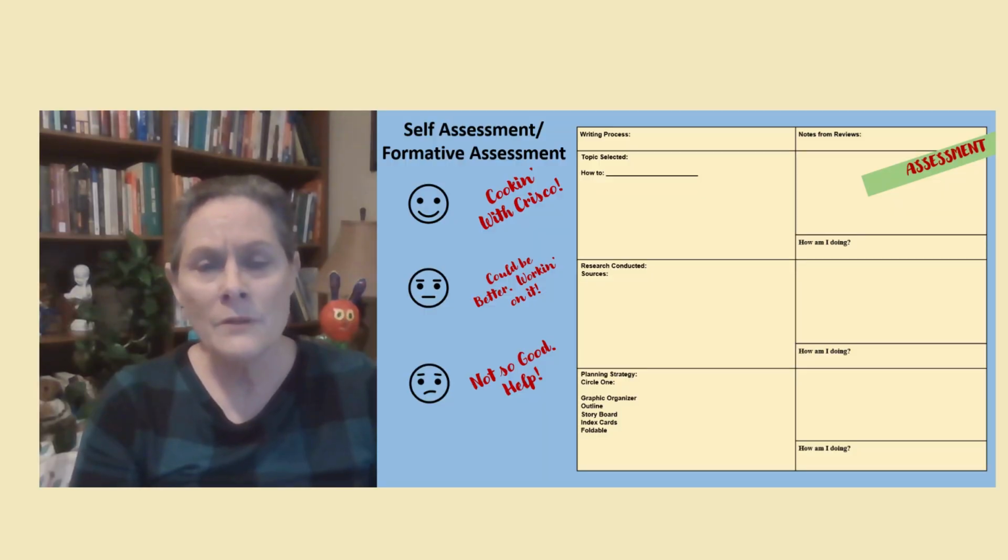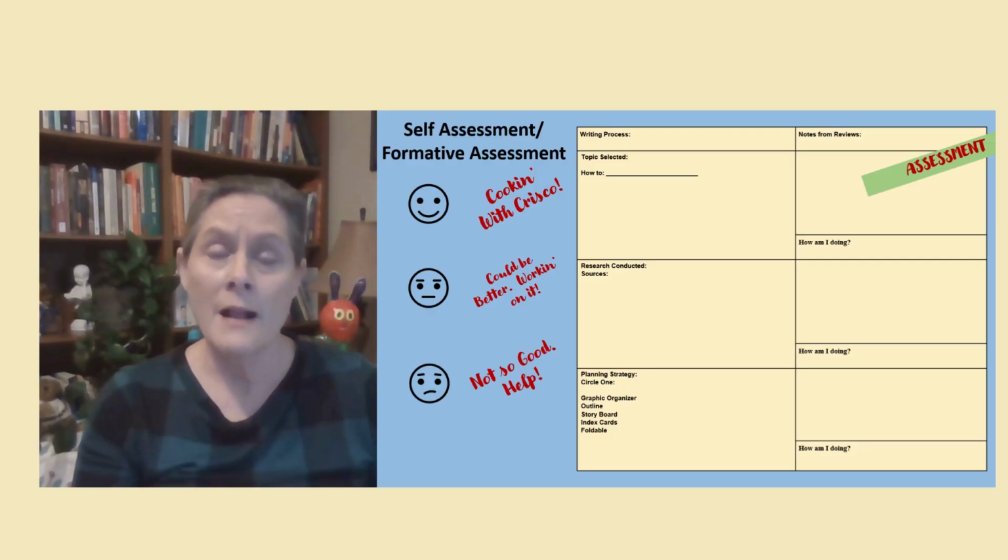So you can simplify this for the students by creating a place where they can jot down some notes. And if they choose to, they can simply use an emoji that indicates how they feel their work is going. So for example, a smiling face could just be, hey, I'm cooking with Crisco. Let me just keep going.